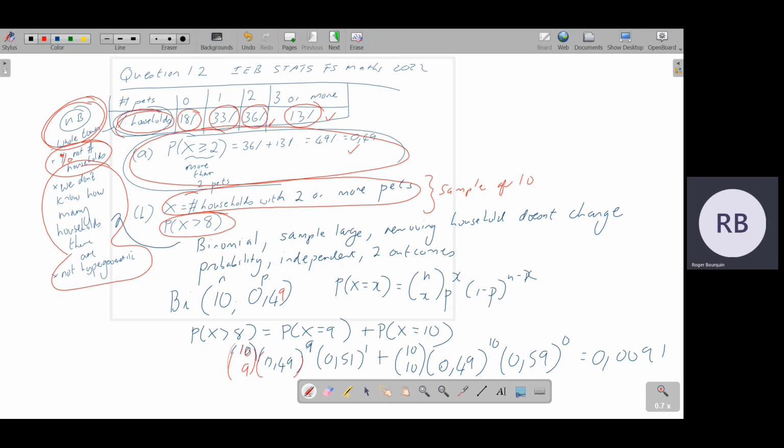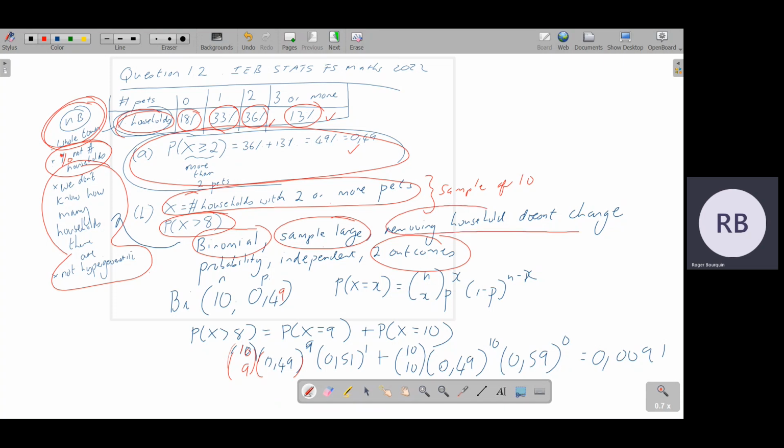Well, first of all, either a home has 2 or more pets or it doesn't. There's nothing in between, so there are 2 options. It's going to be binomial. But why it's binomial is really the easiest thing to spot, because you're working with the whole town. So the sample is really large and we don't know the size of the sample.